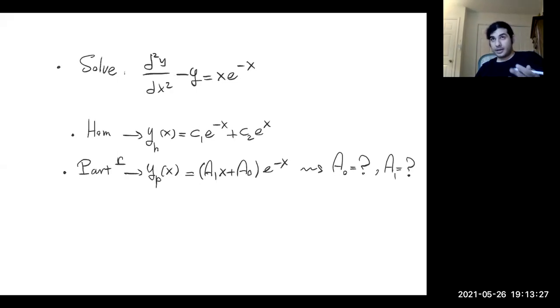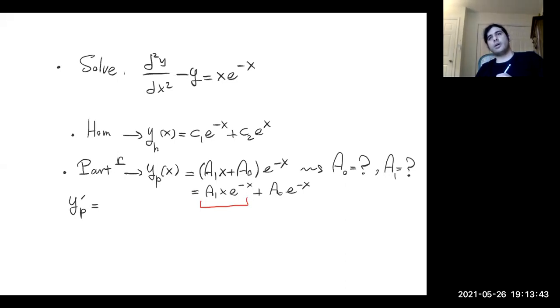I should just plug yp into the equation. Maybe I should just multiply them first. This part is not a part of the homogeneous solution. Only this part is, because we have something times e to the minus x. We do not have anything times x e to the minus x. So this part is good, this part is bad.